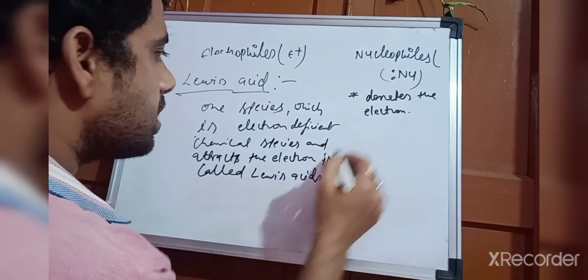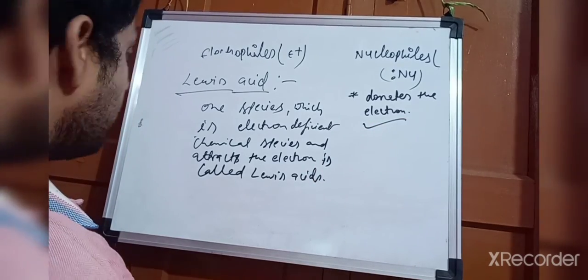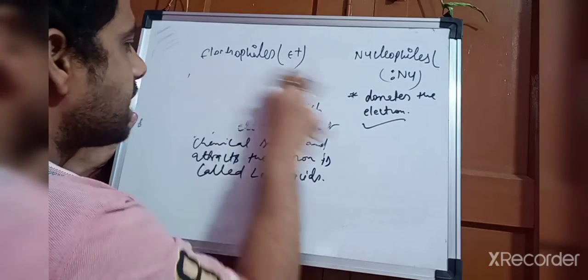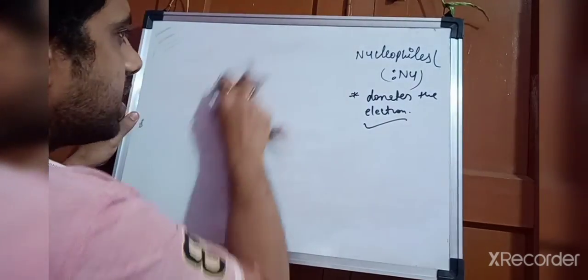Now just the opposite is the case with a nucleophile. This one would be the Lewis base, as it cannot attract, it can donate its electron.